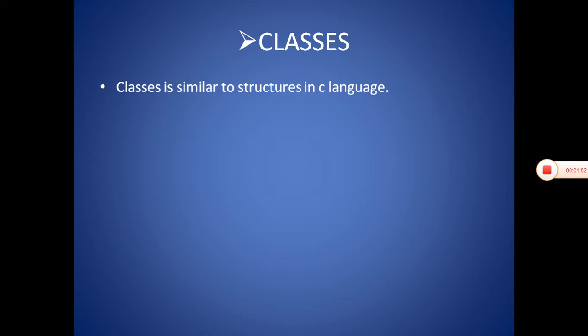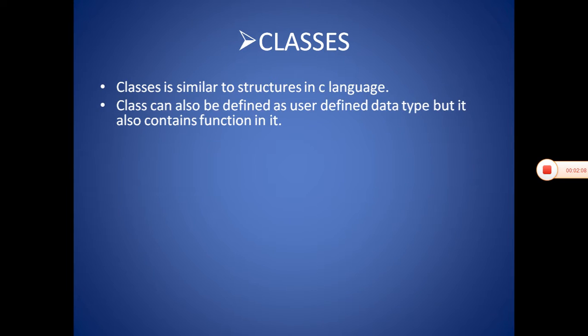In C++, to secure the data, the class data is divided into private, protected and public by using these access specifiers. A class is similar to the structure in C language. Class can also be defined as a user-defined data type, but it also contains functions in it.